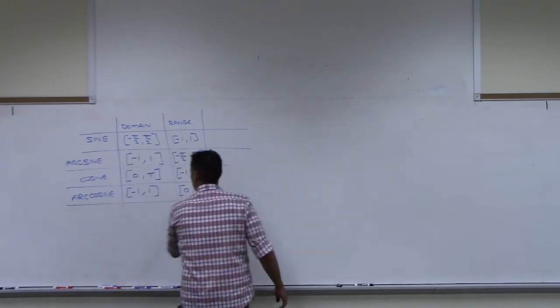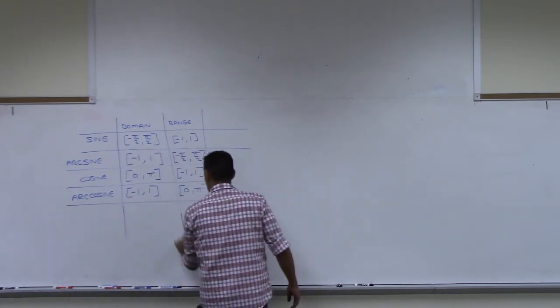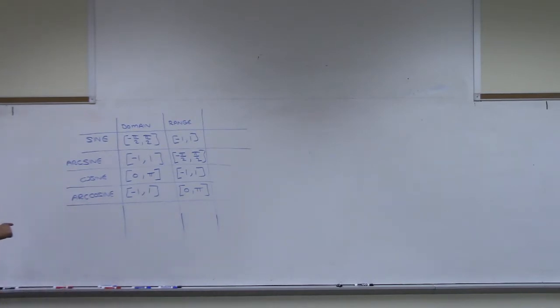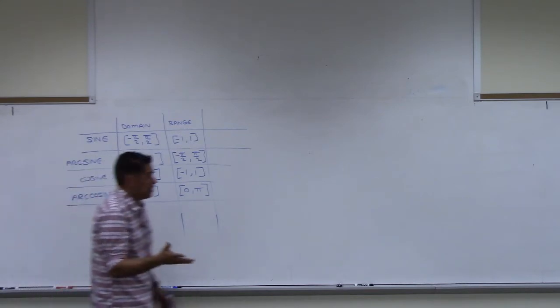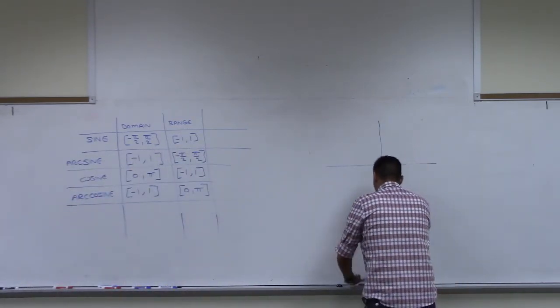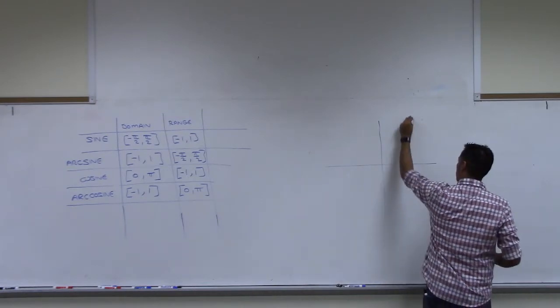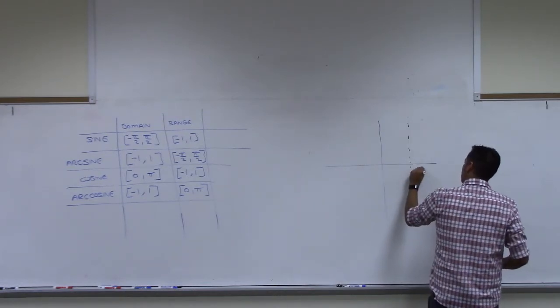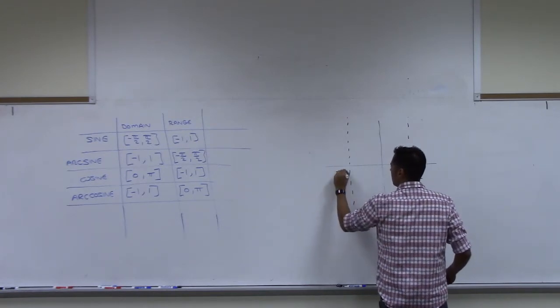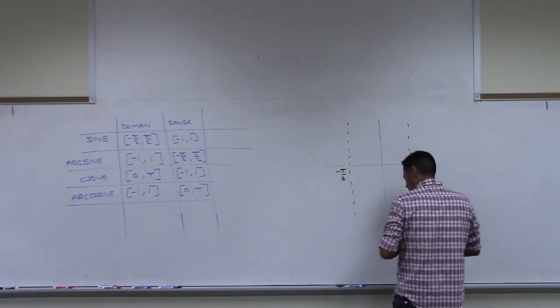Now, what do we still have to talk about today? Tangent. I'm about to put tangent in this table. I'm going to show you the picture of it, because we have to cut it somewhere. This was our tangent. It had vertical asymptotes at pi over 2 and negative pi over 2. And I told you, please remember those, because they're going to become important next class. And today is next class.